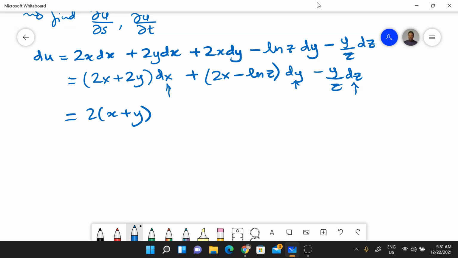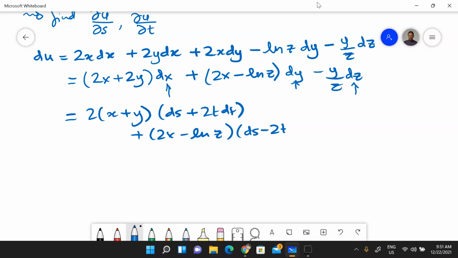Your dx is ds plus 2t dt. Just let me finish this. Plus 2x minus log z times ds minus 2t dt, and then the last one is just minus y over z times 2 dt.